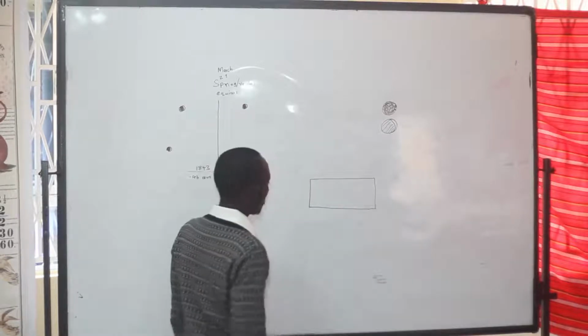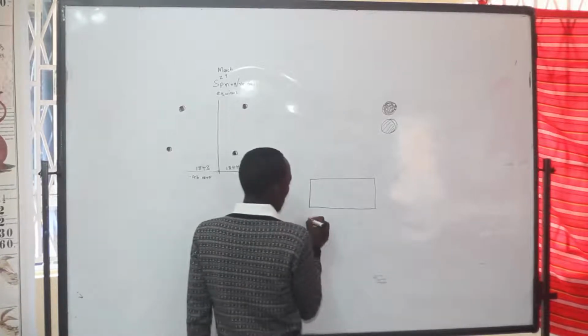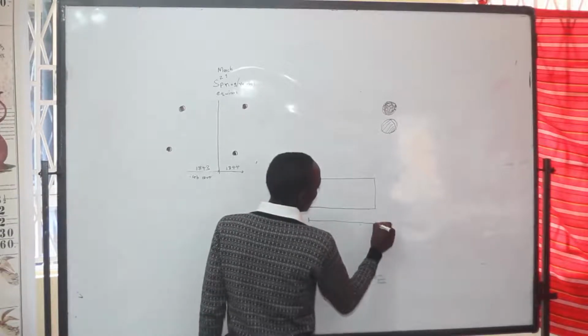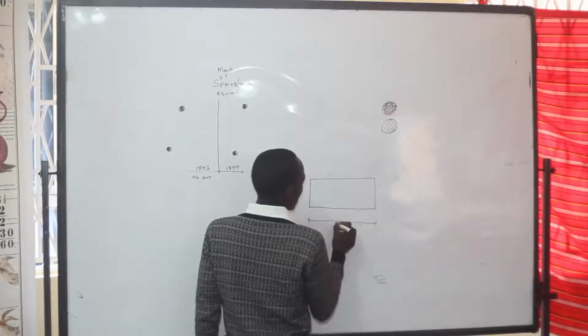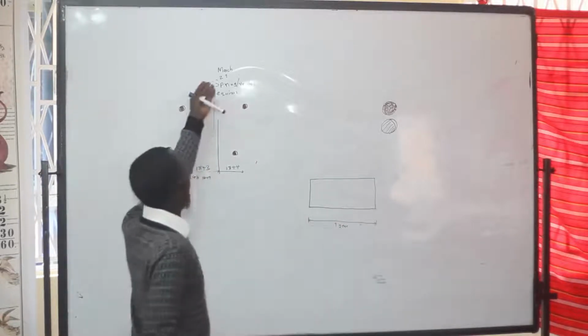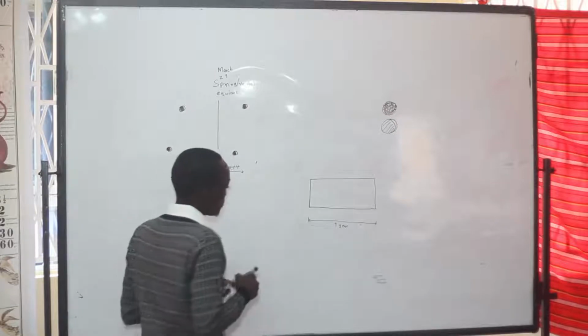So let me have that box, and I'm going to say that this horizontal scale from there to here is going to mark 1 year. So this is 1 year. We want to explain what an equinox is.